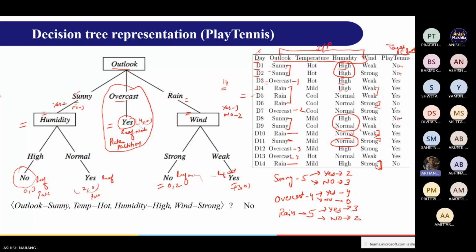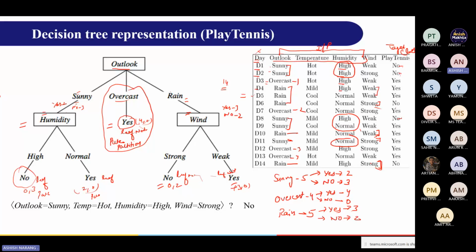Will the results change, sir, if we evaluate some other variable at the root? Results may not change, predictions may still be correct, but the depth of the tree may grow, or it may be lesser also, depending on whether we are moving towards pure partition or not.